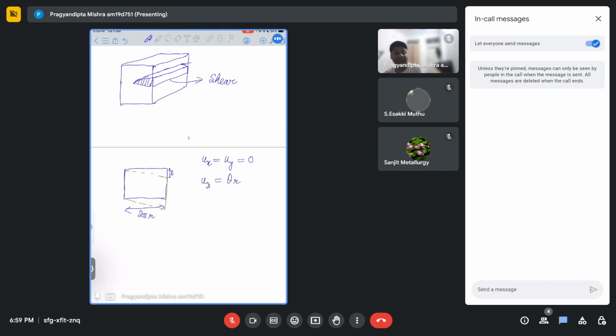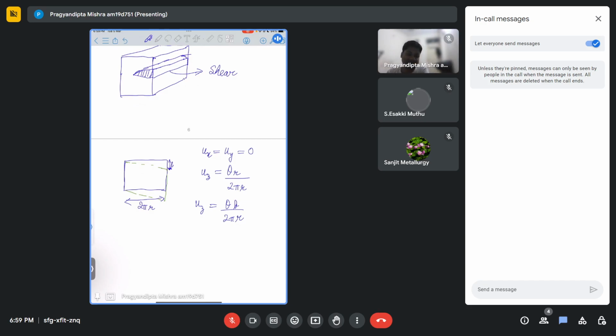So theta r, the new value, divided by 2 pi r, the original, will give me the strain along z direction. Now this r represents this Burgers vector b. So I can rewrite this as theta b divided by 2 pi r is equal to u.